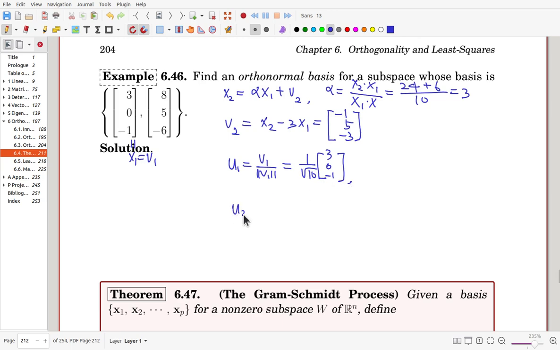And u2, we can get it from v2, normalized. Now the length of this vector is 1 plus 25 plus 9, so it's 35. So 1 over square root of 35, and the vector minus 1, 5, and minus 3. So these two will be an orthonormal basis.